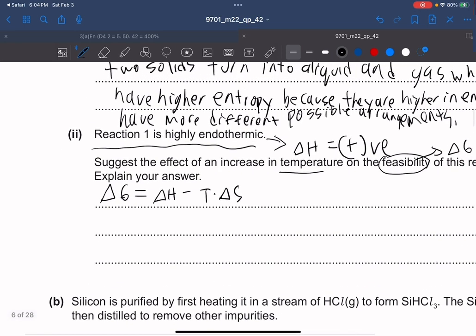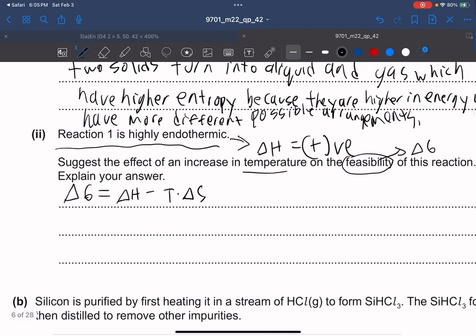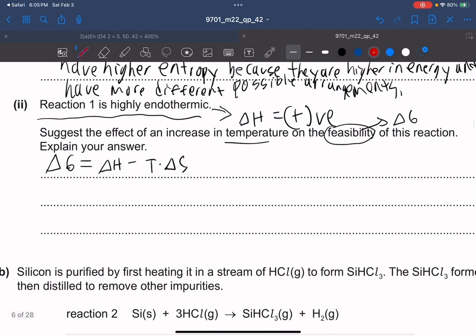So if it is a very endothermic reaction, that means, actually scratch what I said. A highly endothermic reaction just means that you need more temperature for it to occur.